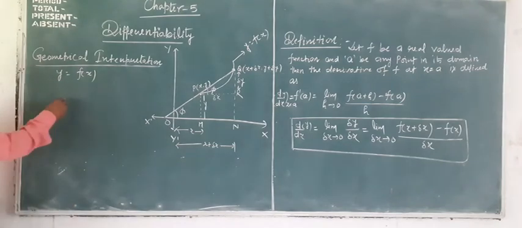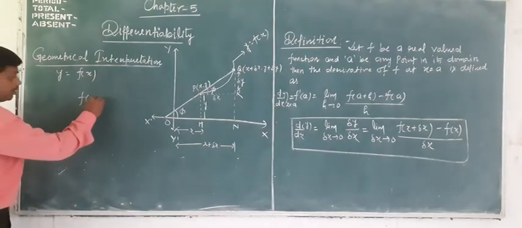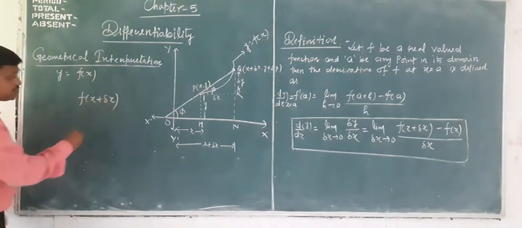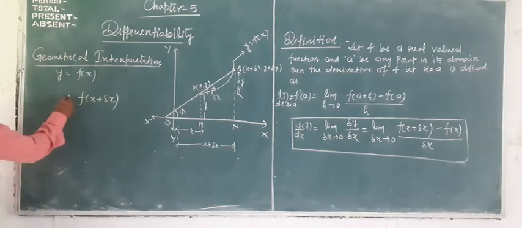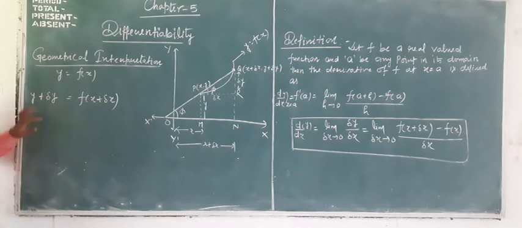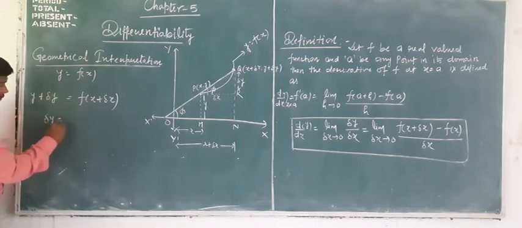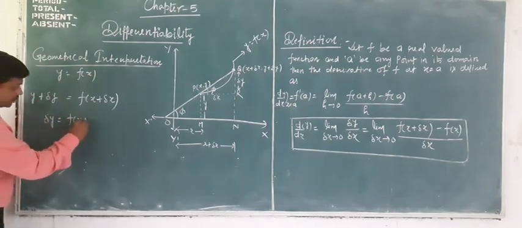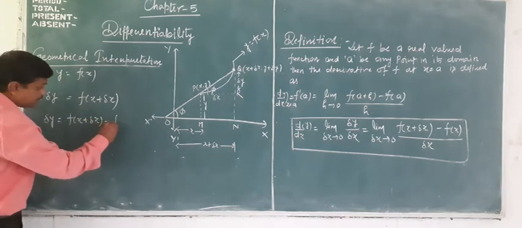So if there is a small change in the independent variable x, the dependent variable also changes. So the small change in the dependent variable is delta y. Subtracting, the value of delta y is f(x plus delta x) minus f(x).